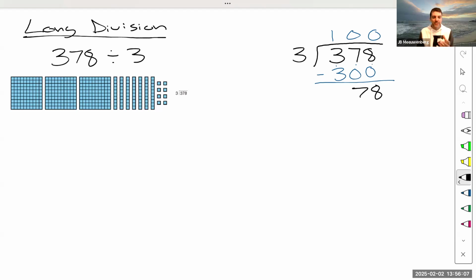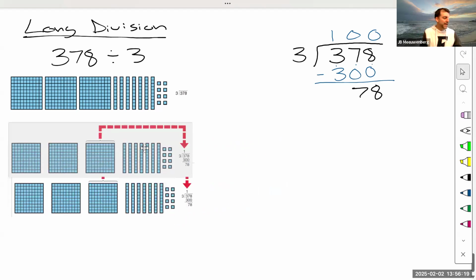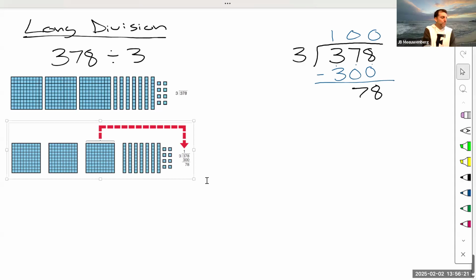So let's connect this to our base 10 pieces. And so the thing we might do is say, all right, here's what that looks like with our base 10 pieces, okay? I can look at 3 of these flats, 1, 2, and 3, right? Each one of them has 100 pieces in it, right?